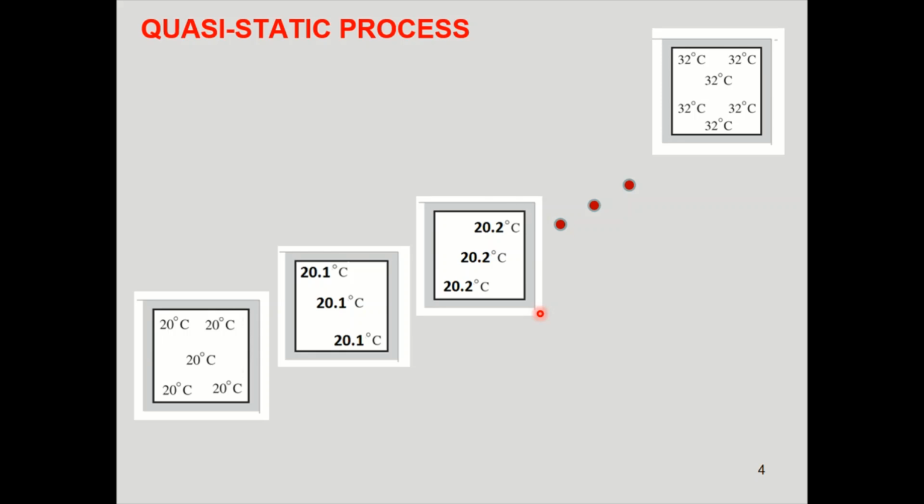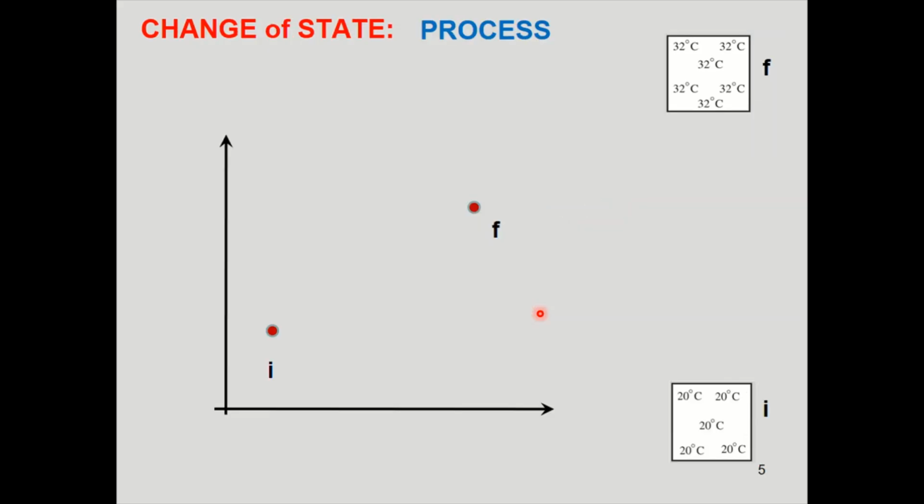We can have properties uniquely defined at every intermediate point. And since we know information about every intermediate point, we can plot them readily in thermodynamic state space, like this. So initial and final points are known. Not only that, intermediate points are also known.